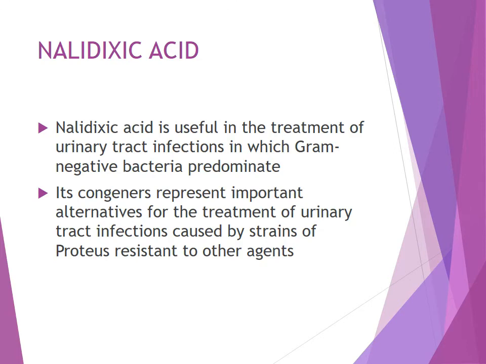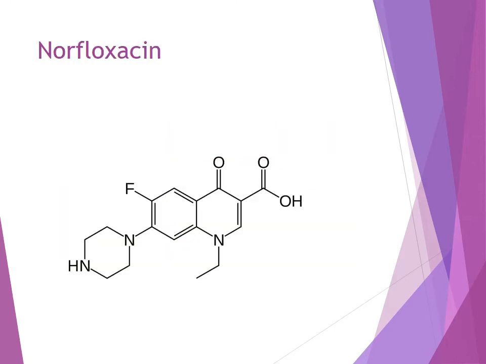Next, we have nalidixic acid. So first generation quinolone, so its congeners represent important alternatives for the treatment of urinary tract infections caused by strains of Proteus resistant to other agents. Again, first generation nalidixic acid, UTI.